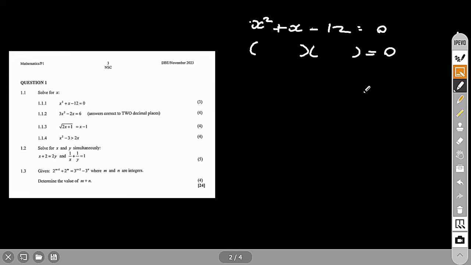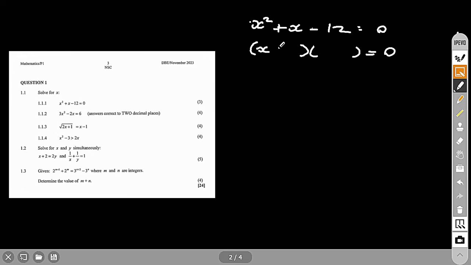So you have to find factors of 12 whereby when we add them we can get the middle term. There's a 1 here, an invisible 1. Factors of 12 are 2 and 6, but if you add them or subtract them you won't get 1, and 12 and 1, so the best one is 4 and 3.